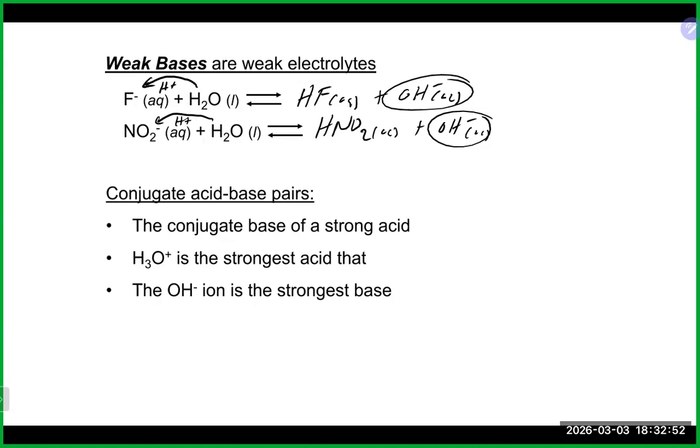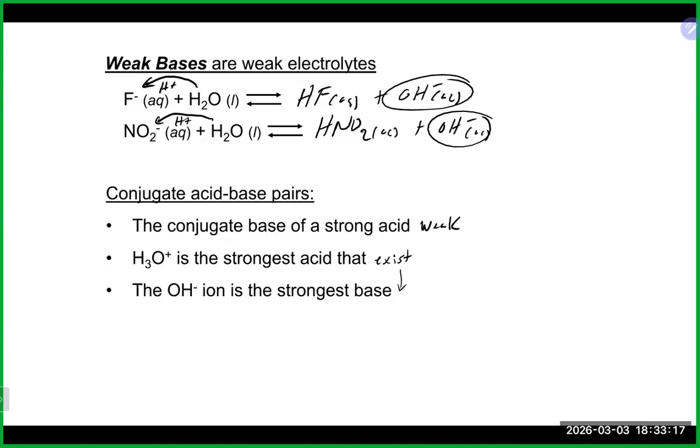Now, a couple of relationships that are really important to get a handle on is this. The conjugate base of a strong acid is going to be relatively weak. And H3O is the strongest acid that can exist, and OH minus is also the strongest base.